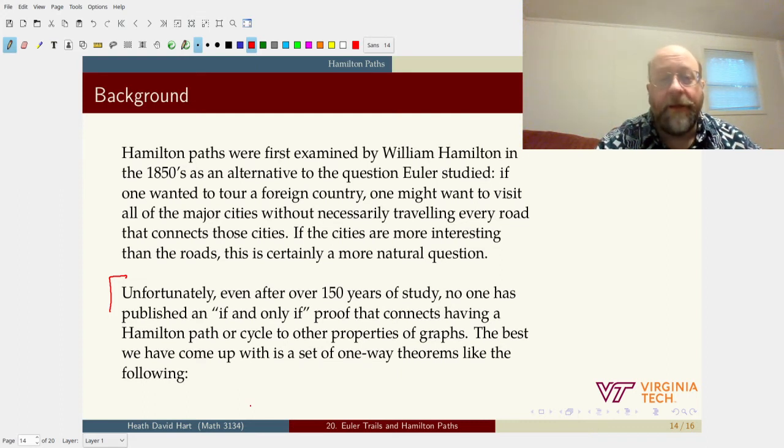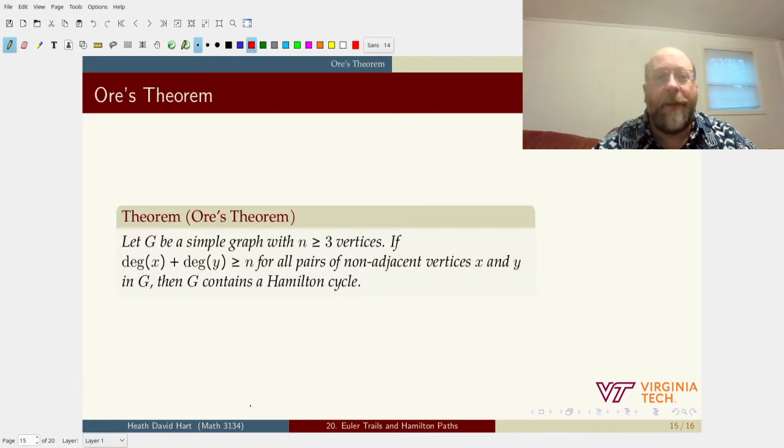That's it. We have an if and only if proof. If the graph meets these conditions, then it's guaranteed to be Eulerian. To this day, we don't have that for Hamilton paths. We have some close calls. We have some one-way theorems. And here's an example of a one-way theorem.